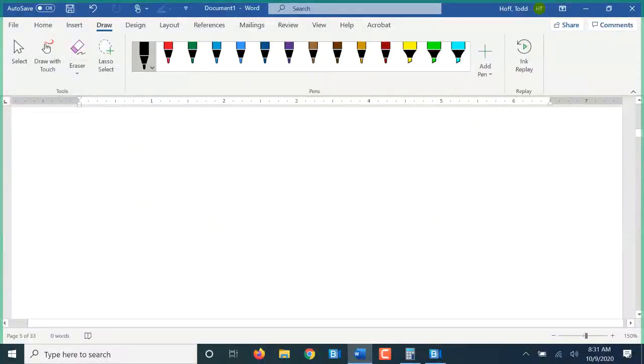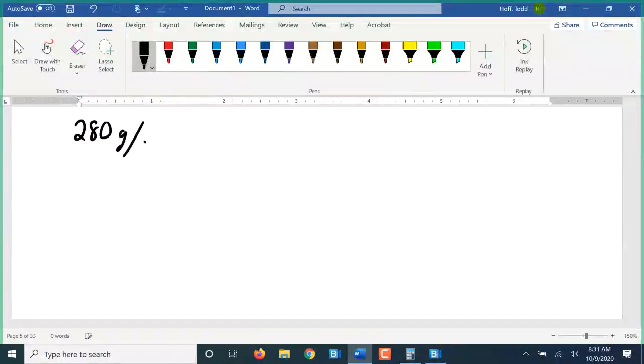Now, if we're using metric units, it can be a little trickier. So if we have something that is 280 grams per square centimeter, I want to figure out what is that in kilograms per square meter.